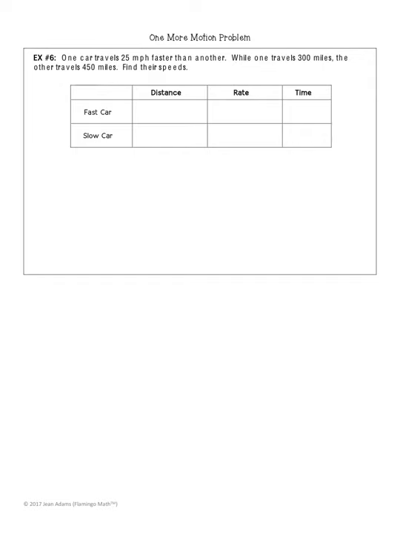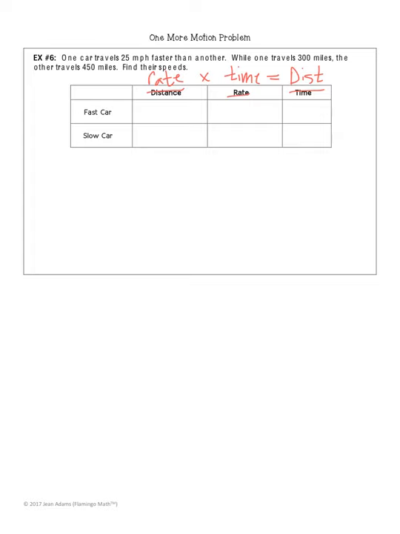We don't actually know their directions, so again, a picture wouldn't do us any good here. Again, I don't like how she has set up her table. So this is going to be my rate times time equals distance.